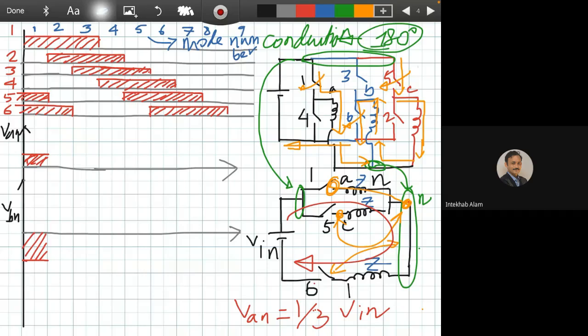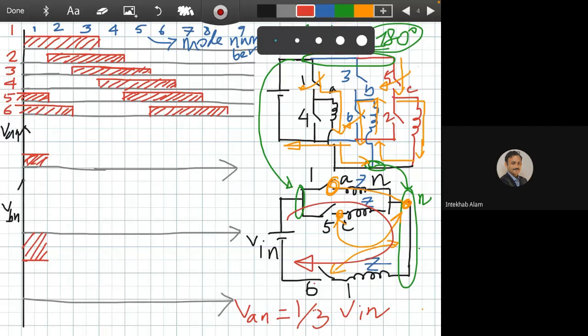If it is clear, then we can think about AN, BN, CN, and take AB, BC, CA. Okay, you can take it if you want. Let's have that value. So CN is also positive 1/3.